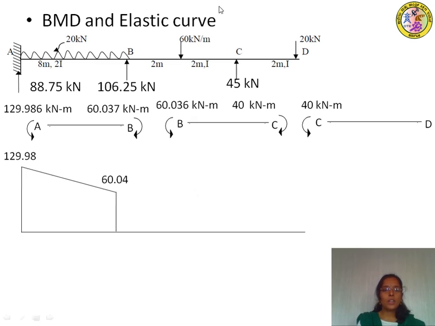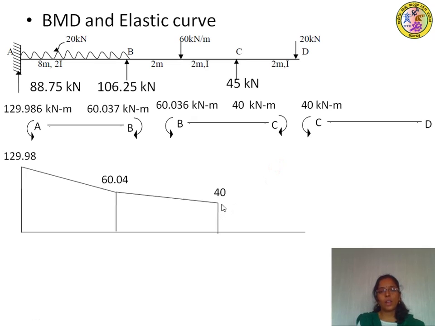The same point can be considered for the BC member as well. At B, again the left thumb is moving in the upward direction, so same value, same point. And for CB, use the right thumb, which is again moving in the upward direction, so mark it above the baseline for 40 kilonewton meter. Join these two points with a straight line.